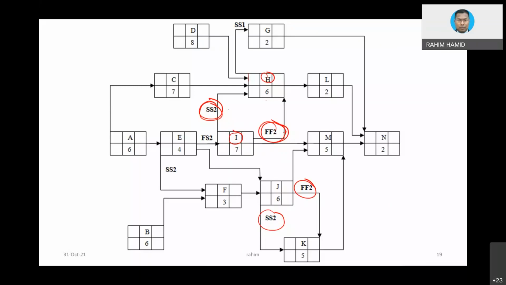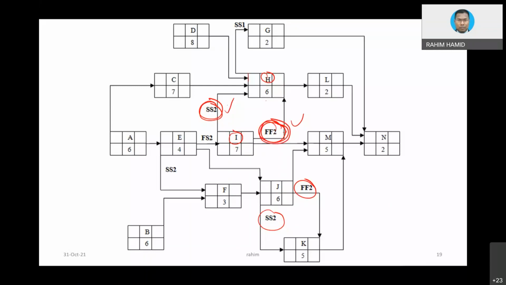For academic purposes, yes, you can do that. But in reality, we are not going to use both types of relationship in this kind of situation. By right, we should choose at the beginning either this one to be dominant or the other way around.